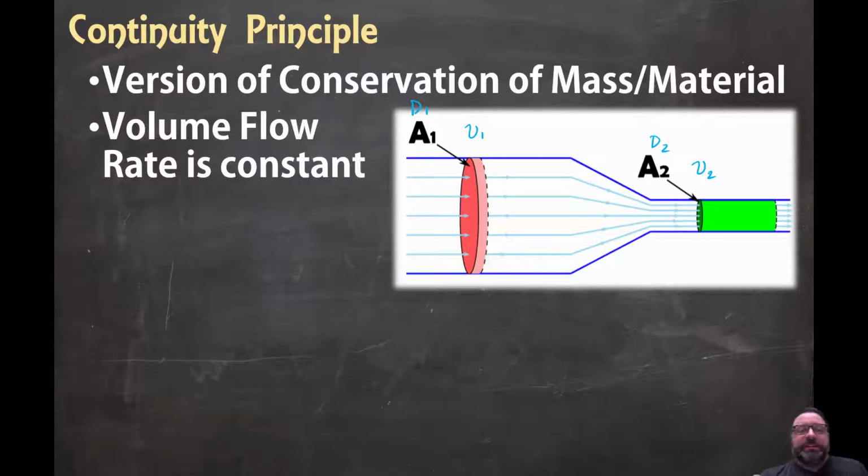And we could say that the volumetric flow rate, which is the amount of liquid that goes past a certain point, the change in volume per time, has to be constant. Because mass is conserved, we could also say that the amount of mass of liquid going past a certain point in a certain amount of time has to be constant.